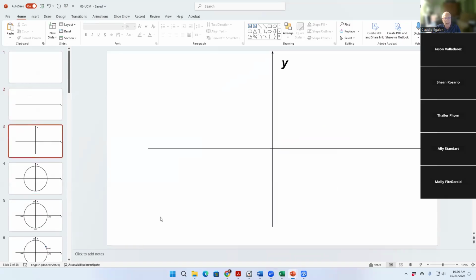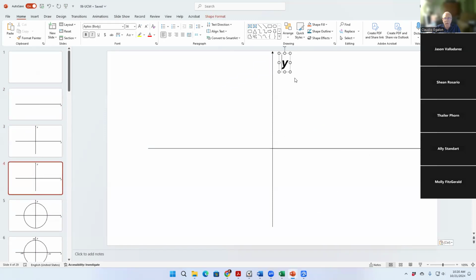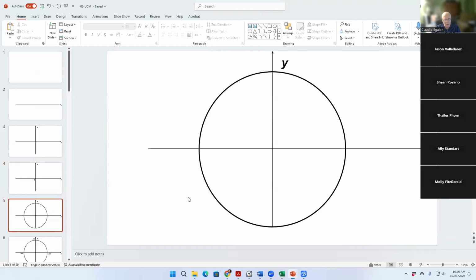X-axis, Y-axis. What's missing here? The origin, right? Let's put the origin 0 here. And then we've got to copy this 0 and place it in the other one there. Here you go. Origin 0.